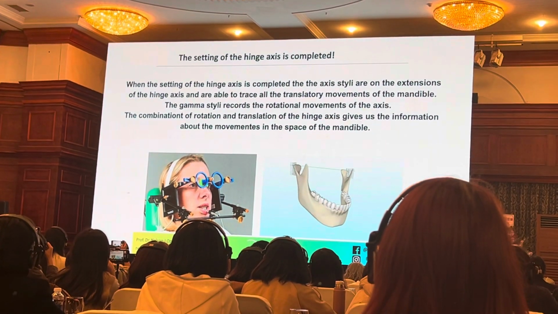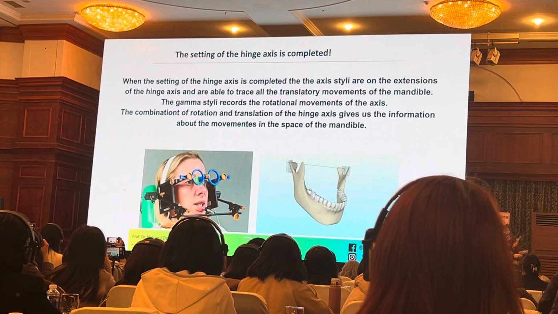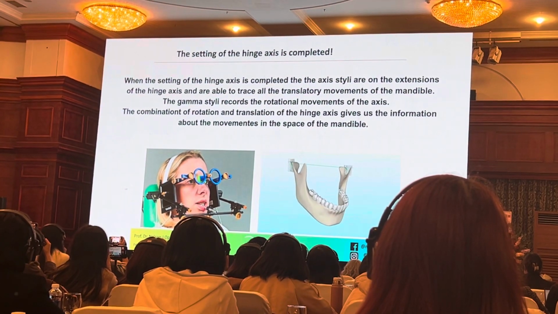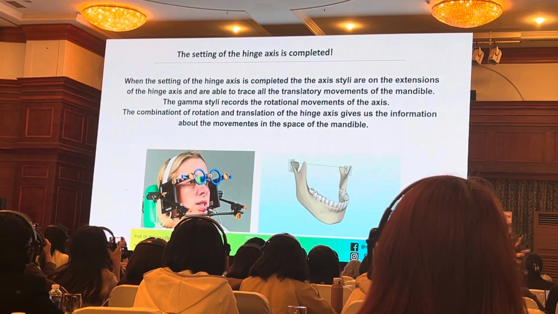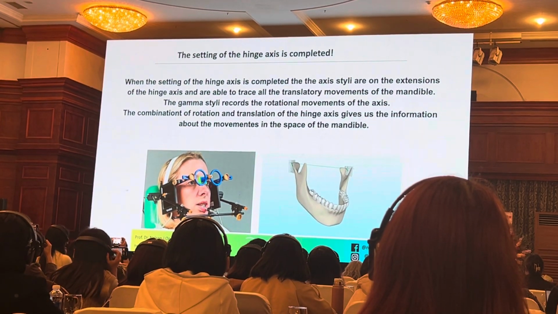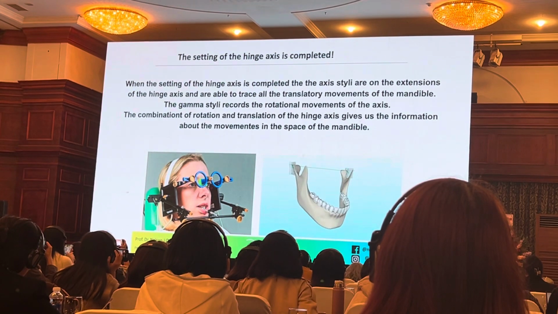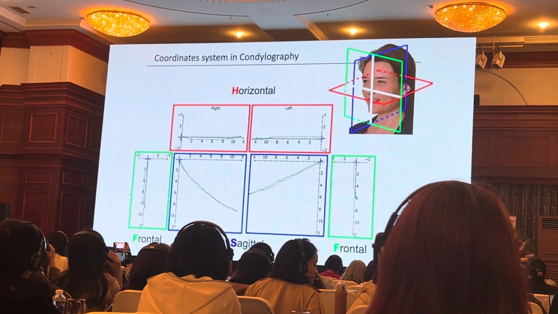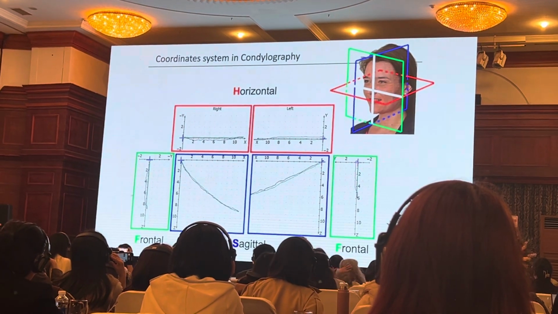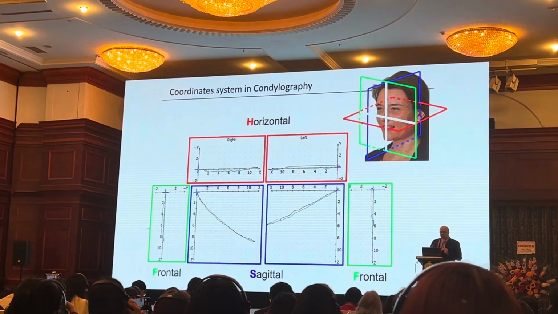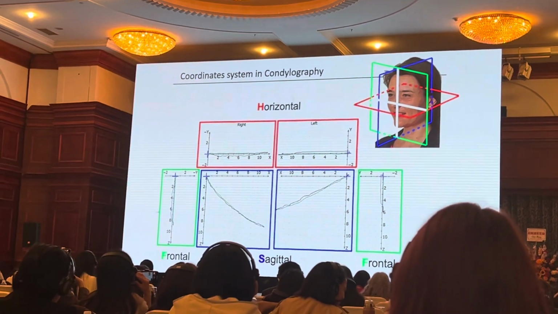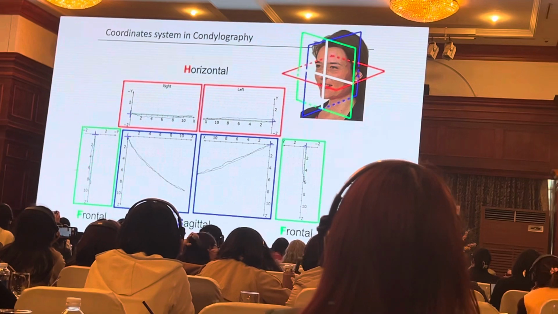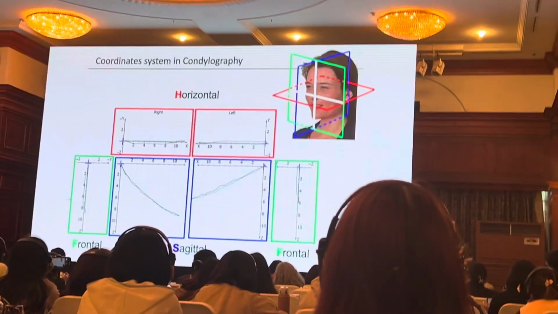I can record the movement of the mandible the way you see in this movie. So I can see translation, up, down, side to side, protrusion, intrusion, everything. All the movements can be absolutely measured by this system. After that, the system will trace coordination lines for me based on the coordinate system. So I will see the lines when the patient is opening, closing, in protrusion, intrusion, side movement, or chewing.